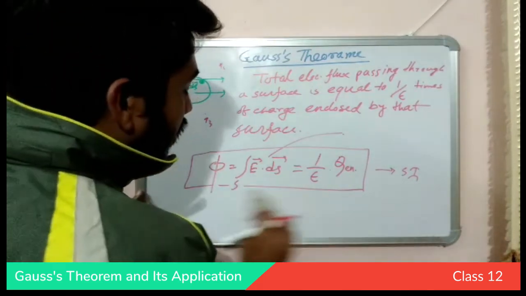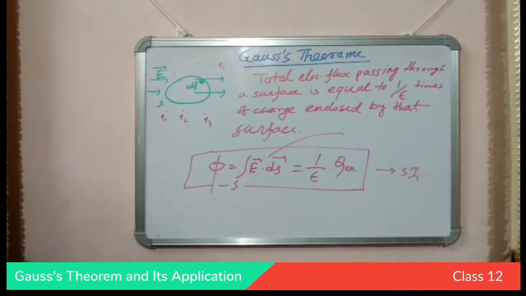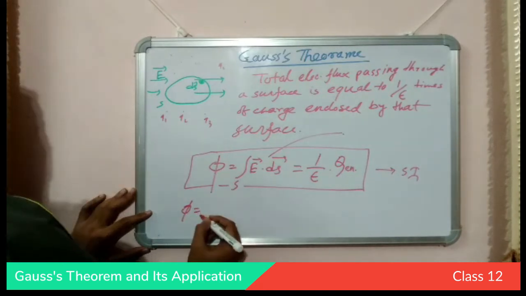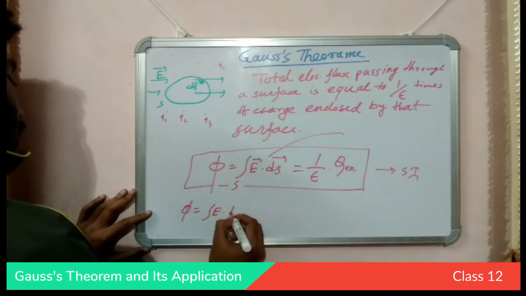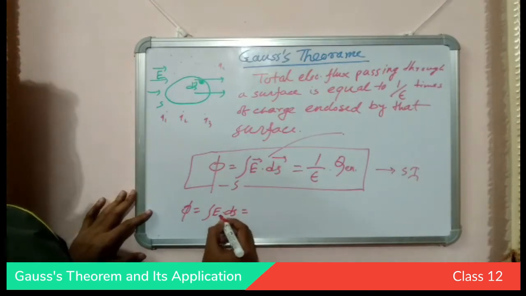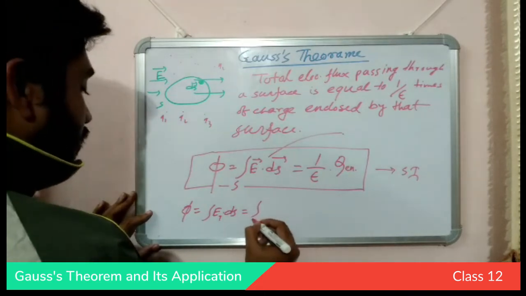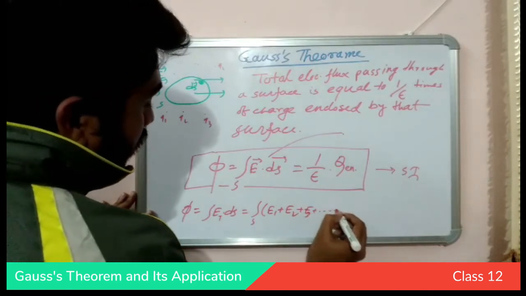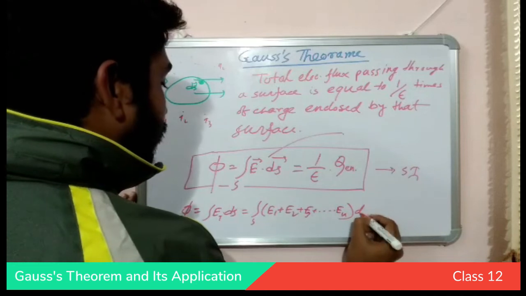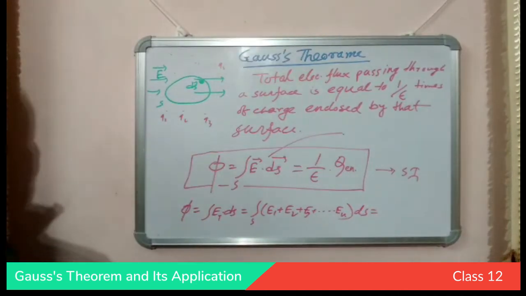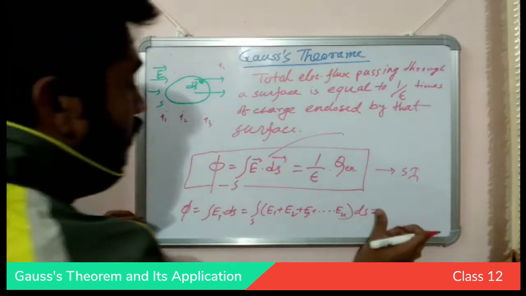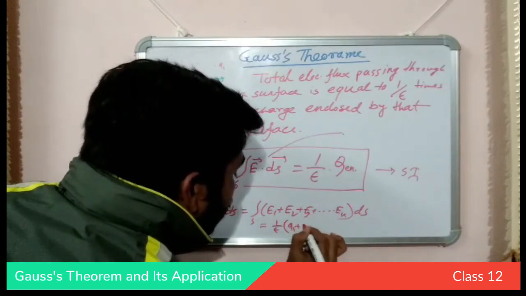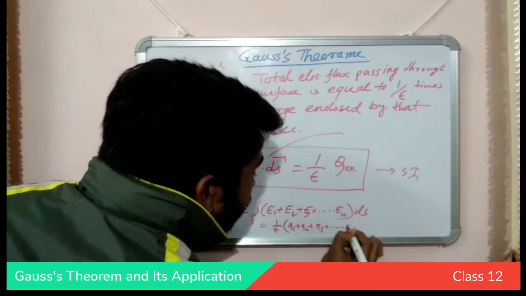So the total electric flux, or the Gauss's theorem, will be nothing but phi is equal to integral of E dot ds, and E total means E1, E2, E3 up to En, dot ds, and it will be equal to 1 by epsilon times of q1, q2, q3 up to qn.